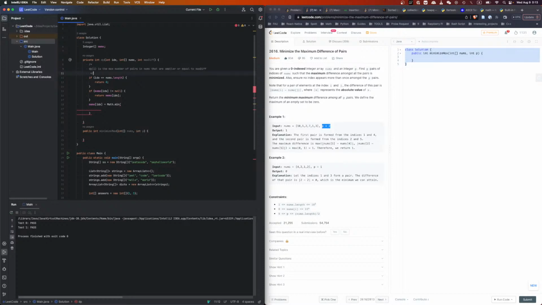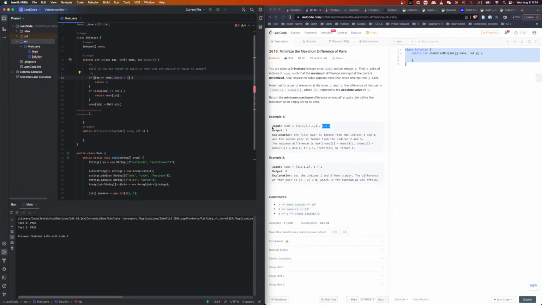Can I do that? Then I can say if index is equal to that, right? Or I can say if it is larger or equal to this minus 1, right?